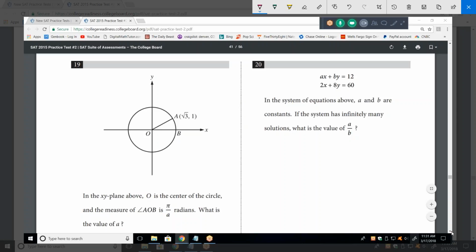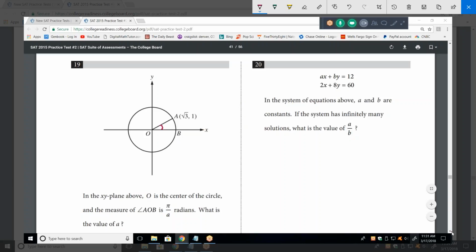And these are grid-in. In other words, if we had multiple choice, I would at least give you enough information so that we might have a 50-50 guess. But with a grid-in, I'd have to teach you the complete unit circle to figure out what this angle is right here.